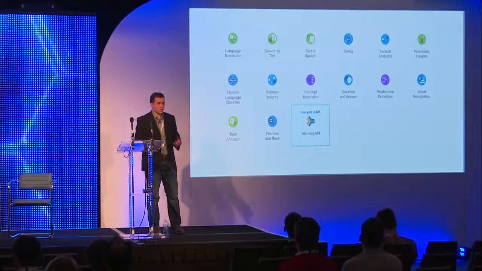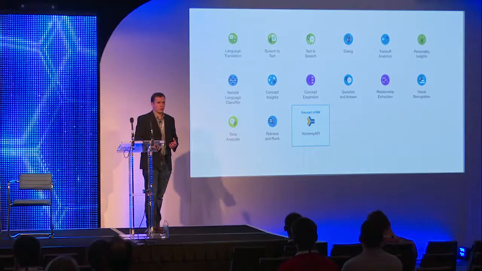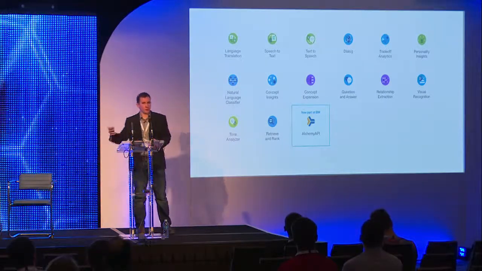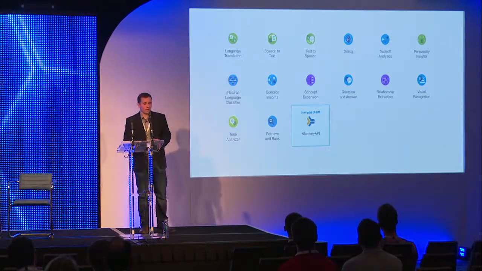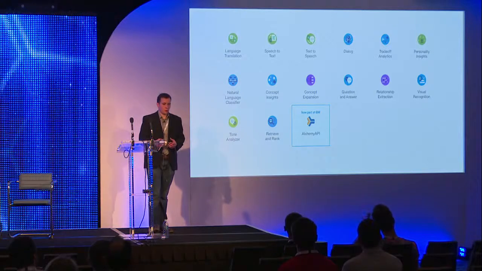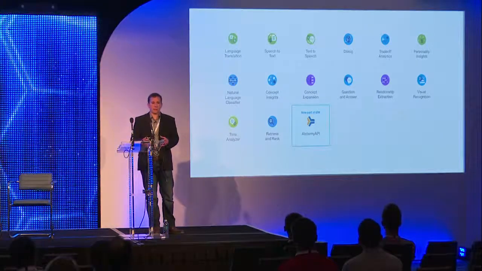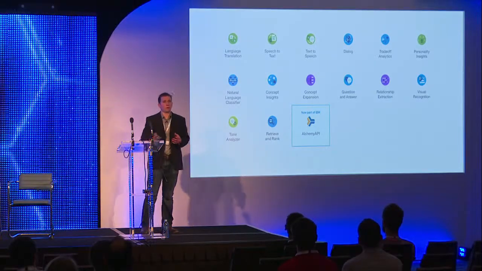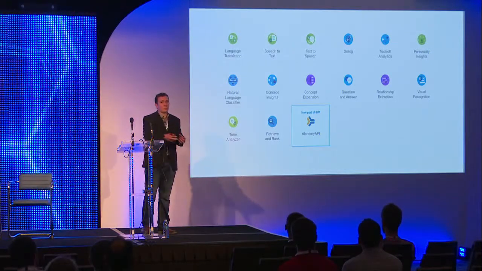So for example, the observe phase is helped by something like the language translation service, right? It lets us take in information in different languages so that we can then put it into context in later stages in the one that our application understands. There's a service for concept insights, and what concept insights does is it lets us understand the underlying concepts in a piece of natural language, both the ones that are explicitly stated in the text and also ones that are implied by the text.